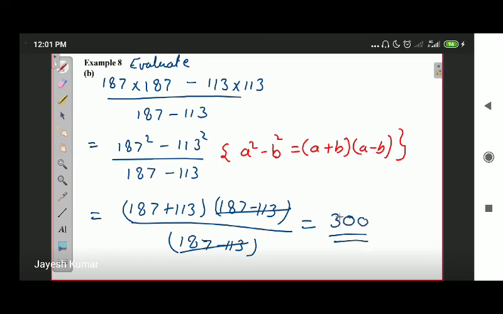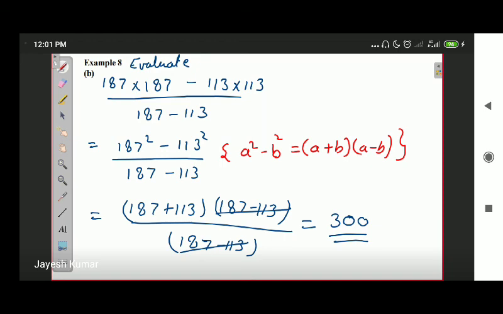So this is your final answer. Or you can also simplify 187 minus 113 and get your answer there. That will be 74 upon 74, so they can be cut that way also. I guess you can do question number 10 by yourself. So that will be your homework.